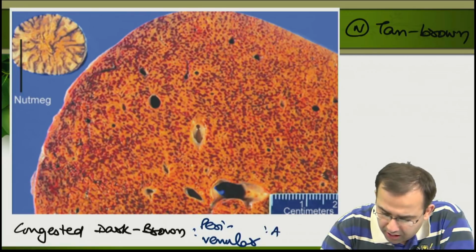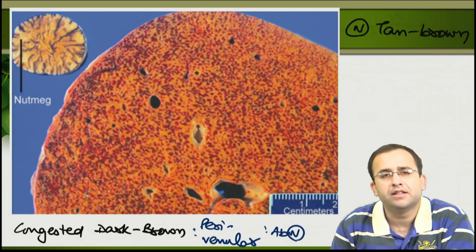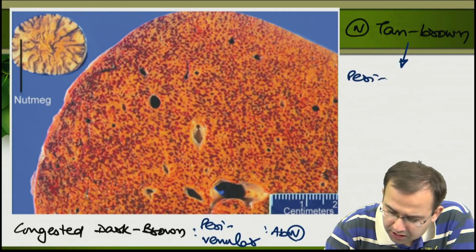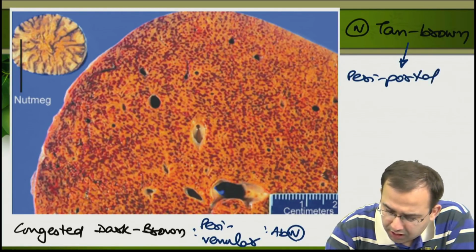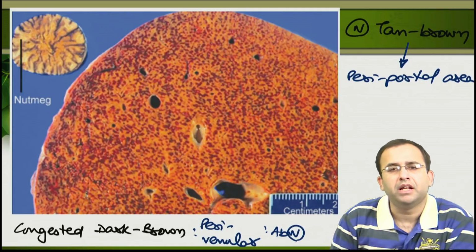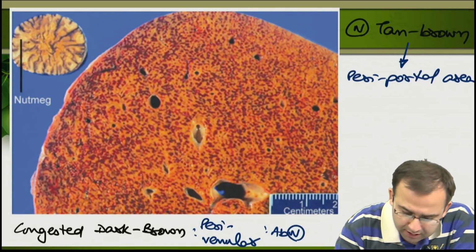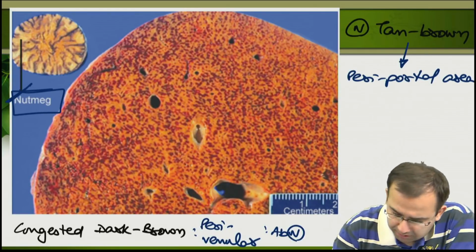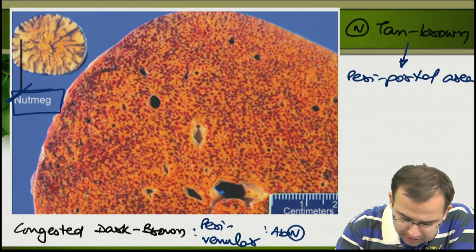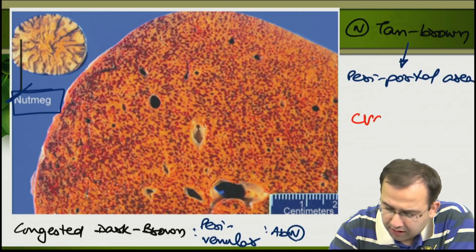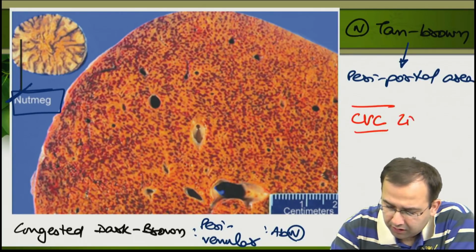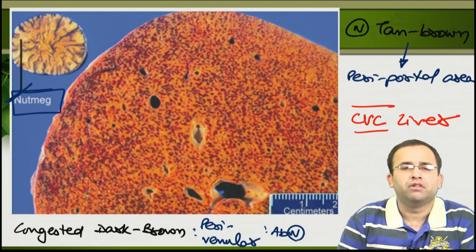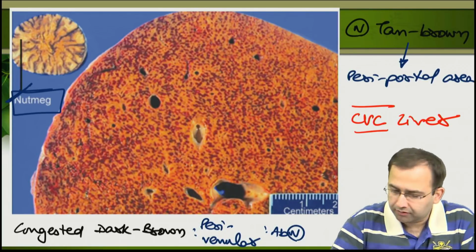These are the abnormal congested areas versus normal tan brown, which is the periportal area. This is the classical nutmeg liver seen in chronic venous congestion of the liver associated with right-sided heart failure.